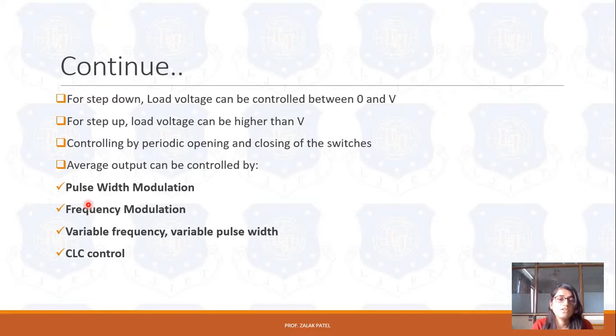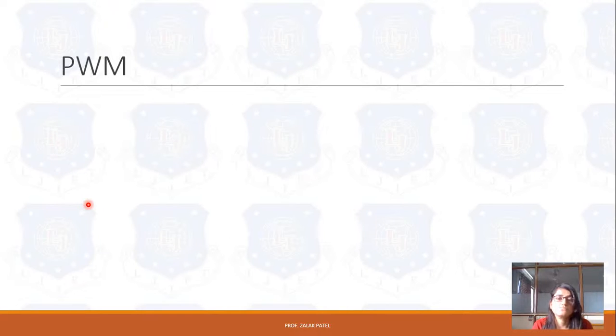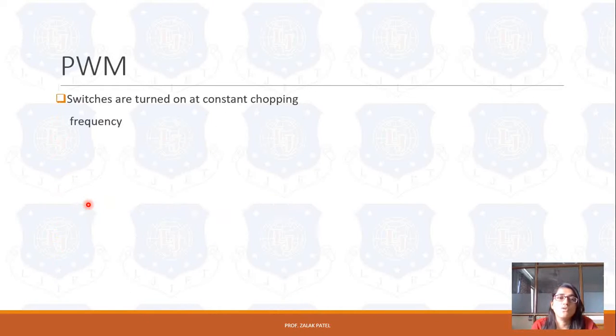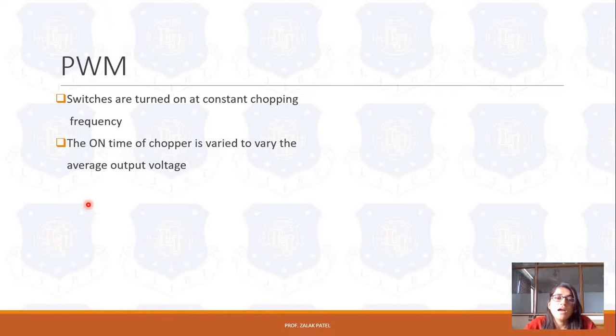Now let's start with pulse width modulation, that is, how one can control the chopper using PWM. With PWM, switches are turned on at constant chopping frequency. For this technique, the chopping frequency F should be constant, and because of that the on time is varying according to the average output.